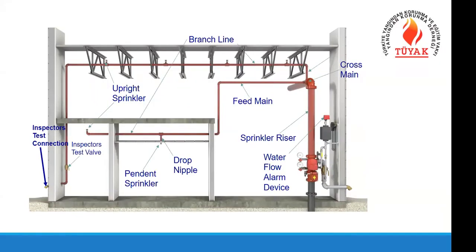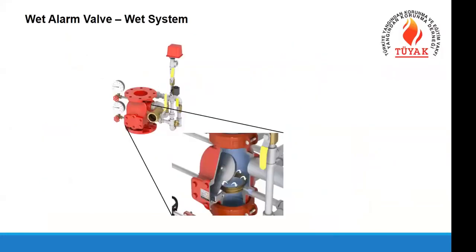This is a standard wet system, and all the pipes are filled with water. When the sprinkler operates, it discharges the water immediately onto the fire. So we use wet alarm valves here, called wet system alarm valves.